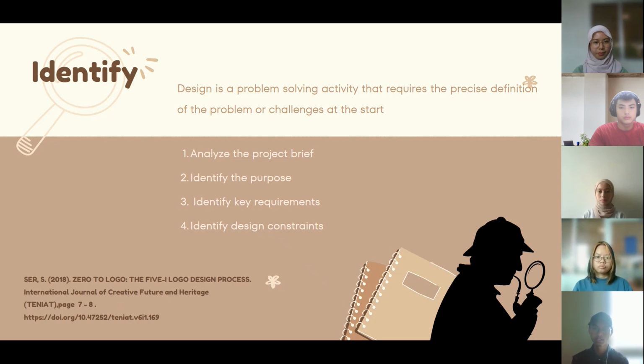The third one is identify key requirements, like the criteria of the project. We need to take care of these important details so we don't miss out for the outcome of the logo. And lastly is identify design constraints, like the project duration, budget, and so on. So I will pass it to the next person.